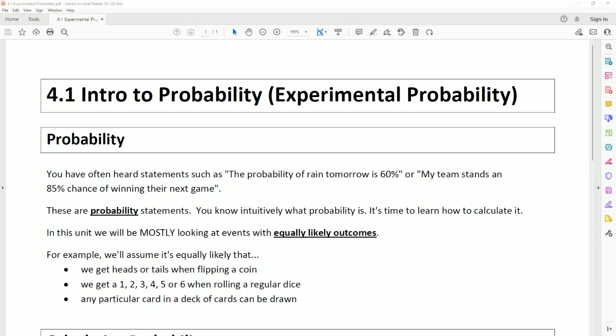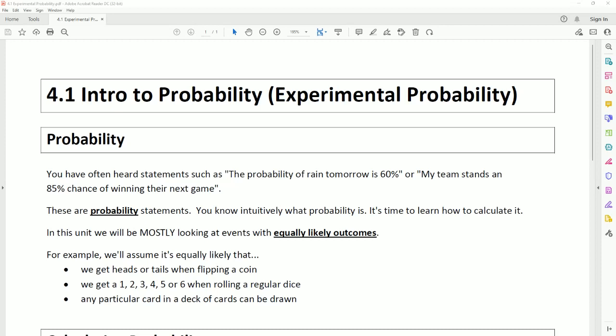So some examples there, if you flip a coin, it is equally likely that you're going to get a head or a tail. Now, on any given flip, you have no idea which one you're going to get, but if you repeated the experiment a bajillion times, you'd expect to get heads half the time and tails half the time, give or take a little itty bitty bit of difference.